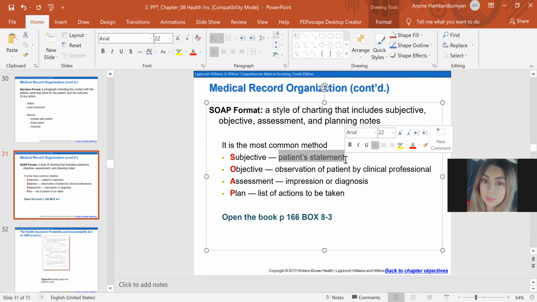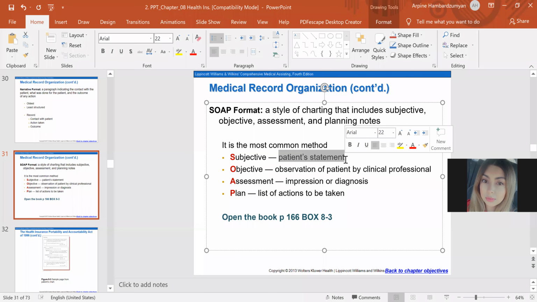Assessment means the first impression of the doctor. What it could be, and this information tells us it could be, let's see, stomach flu or Helicobacter pylori infection. And the plan is what we need to do.